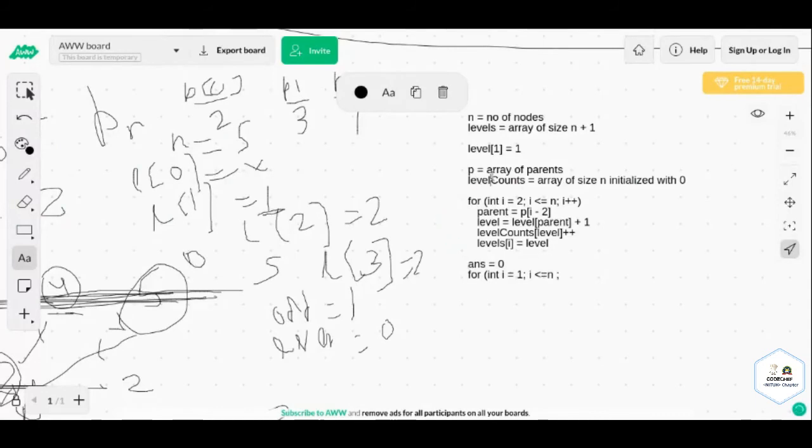No, we have level count, right? So size is n. Okay, 0 to less than n, i plus plus. What will your answer? Answer will be level counts of i modulo 2. That is our answer. Got it okay.